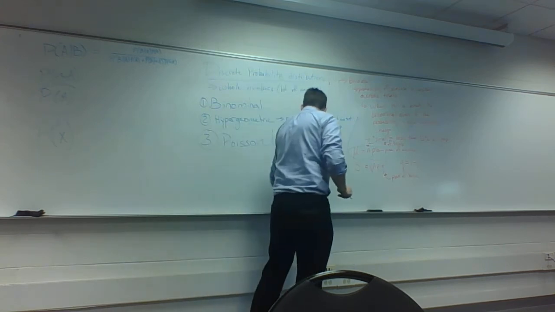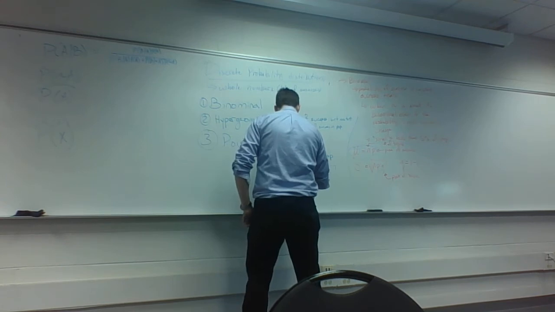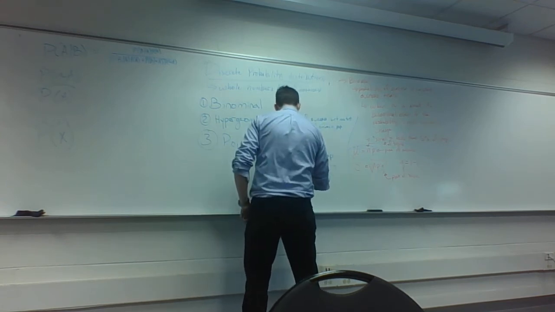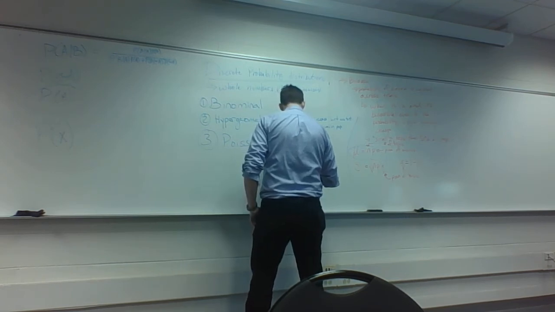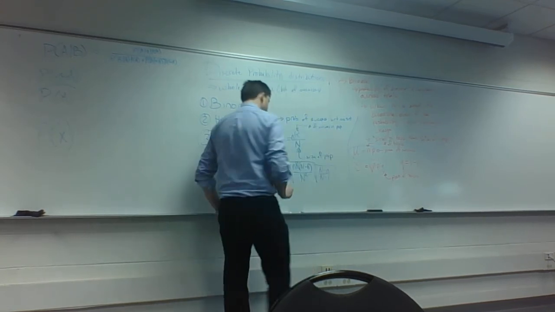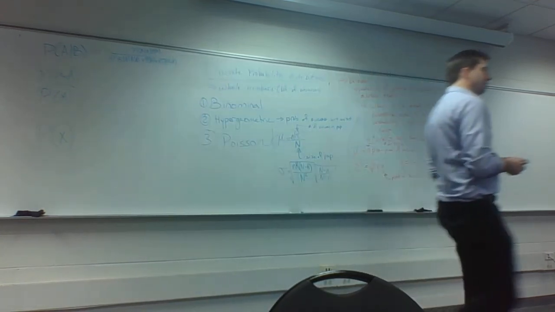So I'm going to rewrite that because it's a little messy. Sorry about that. It is small n times big R, big N minus big R, n squared, square root. Make sure I wrote that down right.